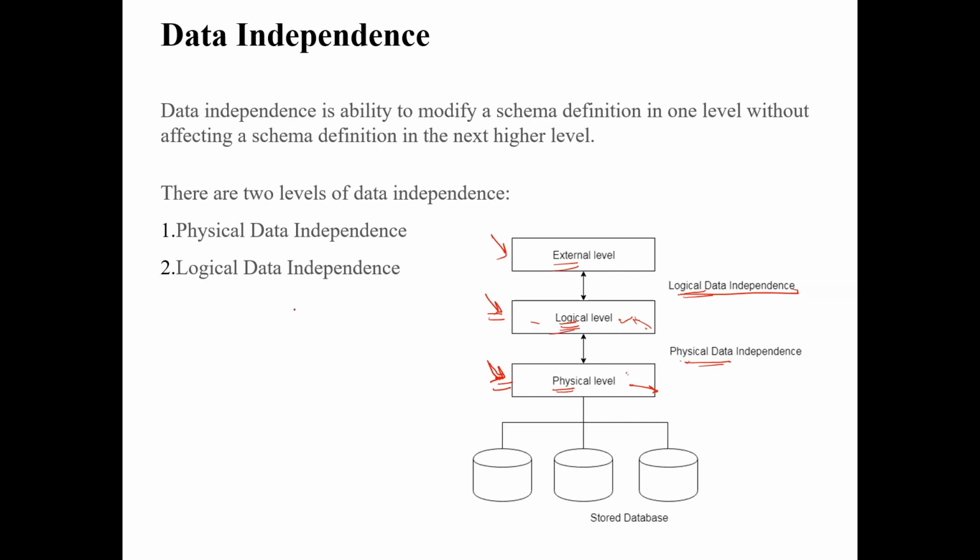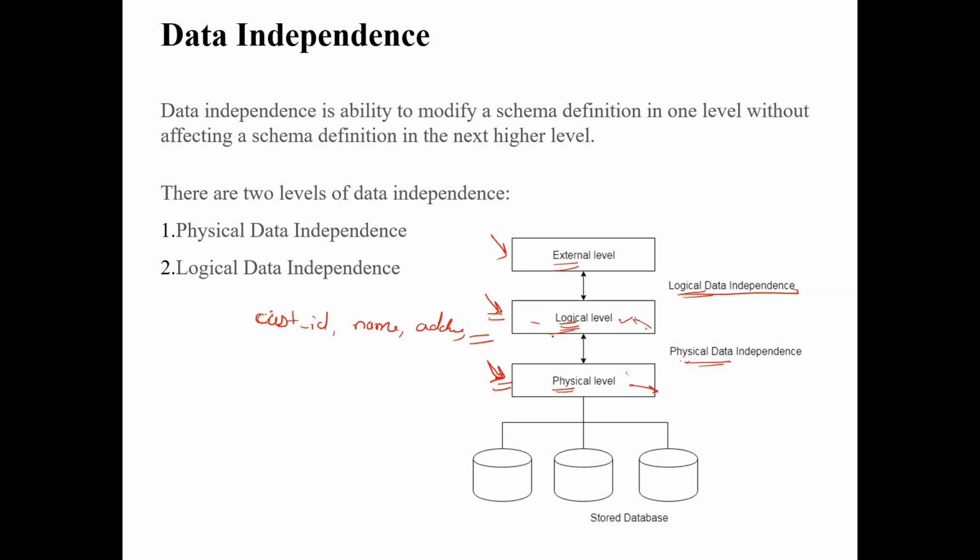Logical schema means, for example, if I collect the customer ID, customer name, customer address, and after a few days, if I think that we should also collect the Aadhaar number of the customer, then we can add that Aadhaar number here.